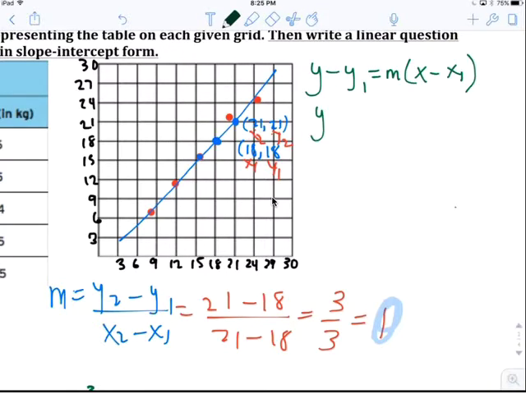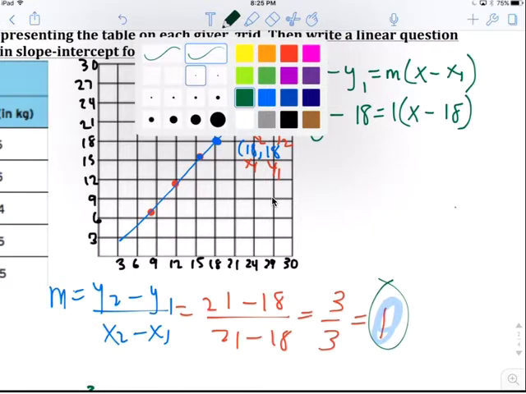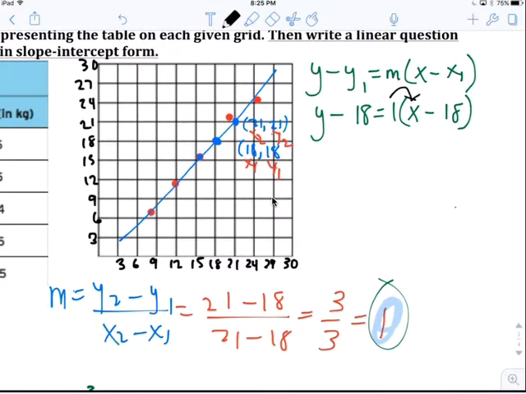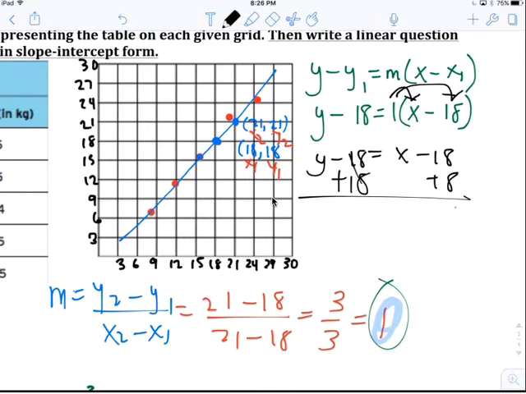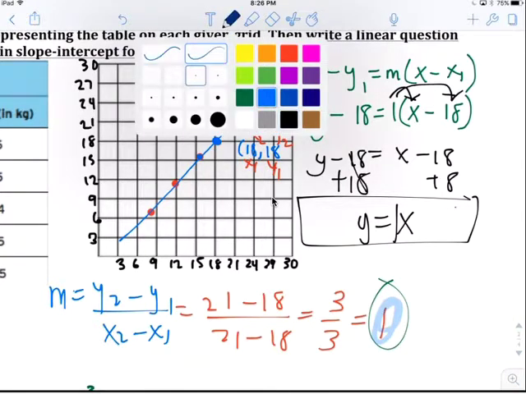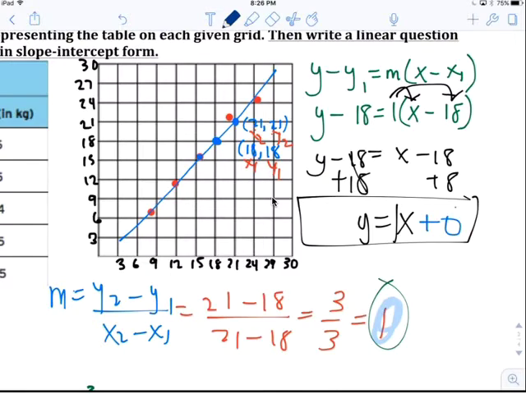Y minus y1, which is 18, equals m, which is 1, parentheses x minus x1, which is the other 18. Distribute. Didn't change any. X minus 18 equals y minus 18. Add 18 to both sides. You get y equals x. There's always a 0 right there.